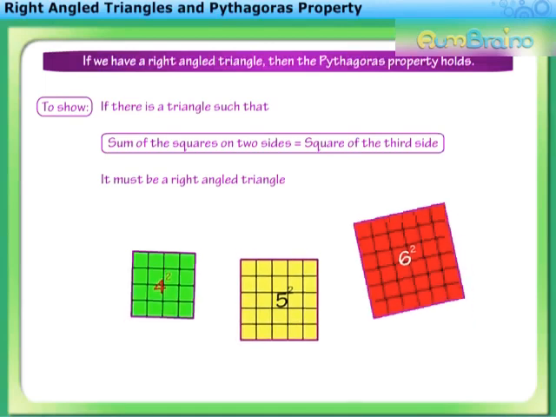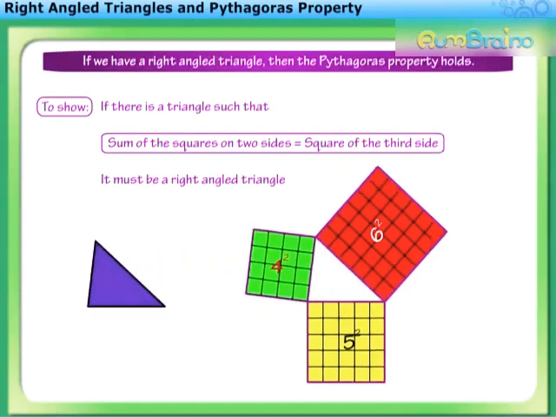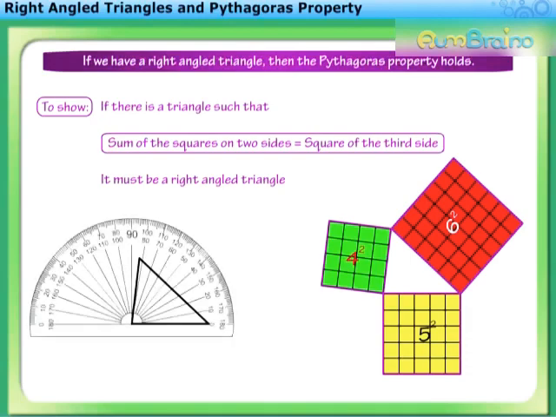Arrange them to get a triangular shape by placing the corners of the squares, as shown. Trace the triangle formed. Measure each angle of the triangle.